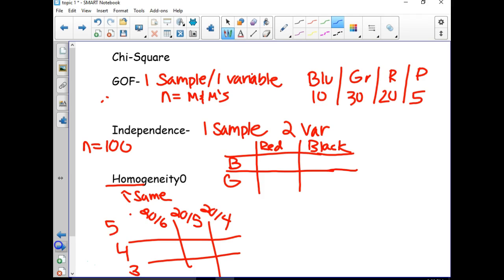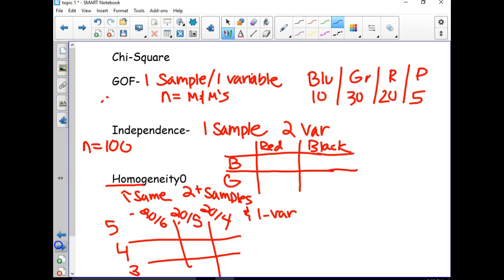So this is 3 separate samples with 1 variable, right? The variable is their AP test score with 3 separate samples, okay? So it'd be 2 plus samples and 1 variable. So the variable here is the test score, and then my samples are the 3 separate samples of AP classes. And I'm investigating if it's the same across the board.